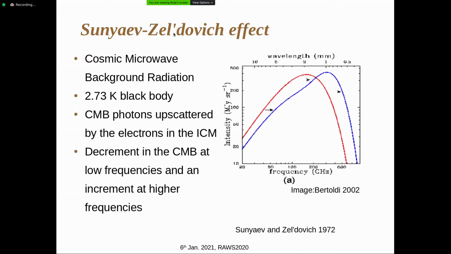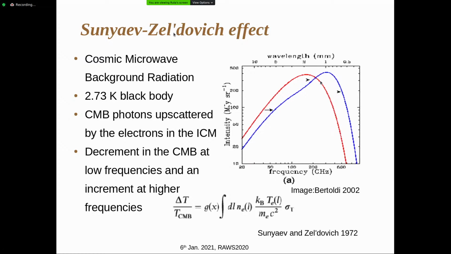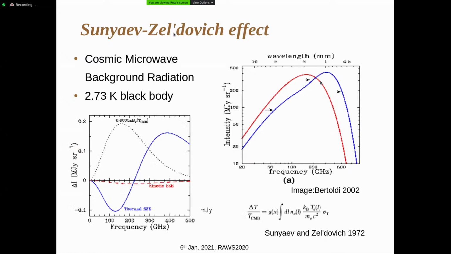If you measure the spectrum along a line of sight where there is a cluster, you will find that this perfect black body spectrum is actually distorted, and this measurement of distortion can allow you to infer the properties of the intracluster medium. This is called the Sunyaev-Zeldovich effect. It was proposed in 1972 and then soon verified with observations.